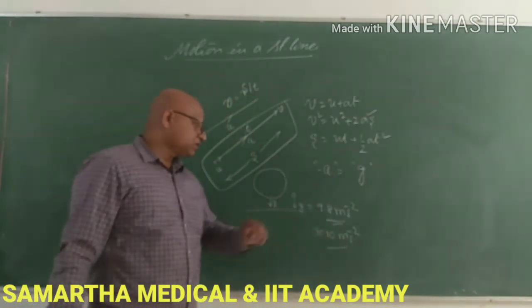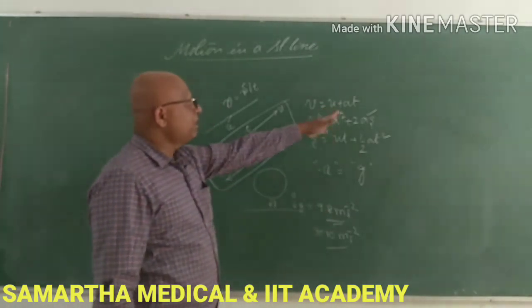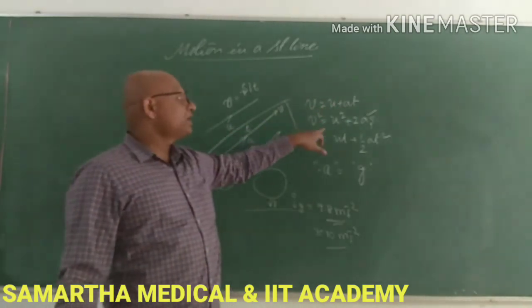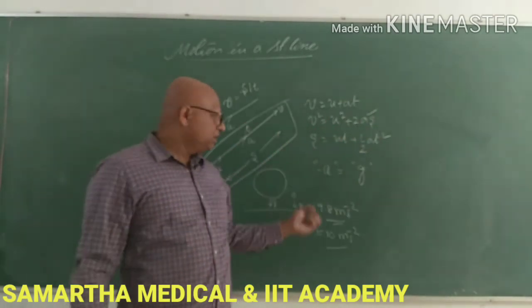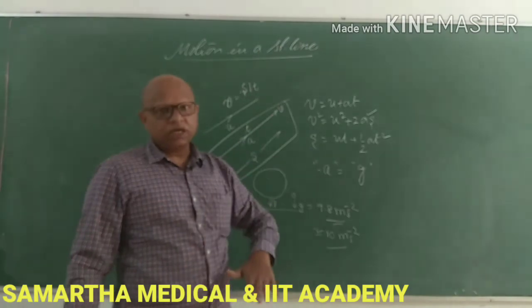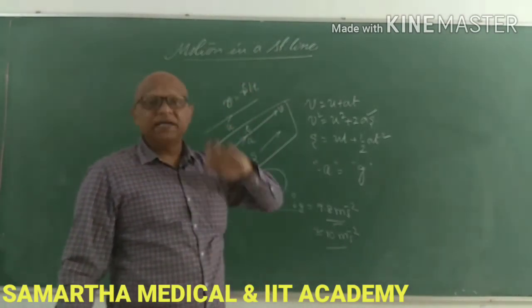According to this acceleration, we will modify the equations: v is equal to u plus gt, v squared is equal to u squared plus 2gh, because in the case of gravity, the displacement is vertical, and it is referred to as height.